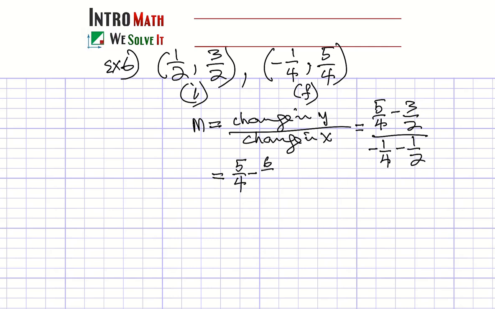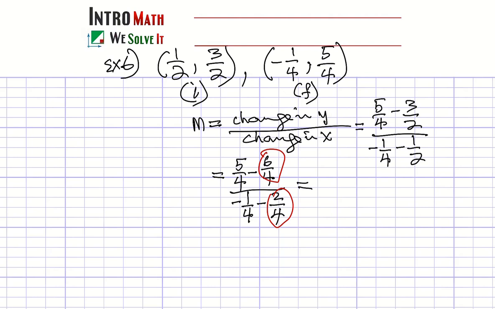I want to have the same denominator in the fraction on top, and then the fraction on the bottom, the same thing. Minus 1 over 4 minus 2 over 4. See what I'm doing. This is the same thing as 1 over 4. This is the same thing as 3 over 2.